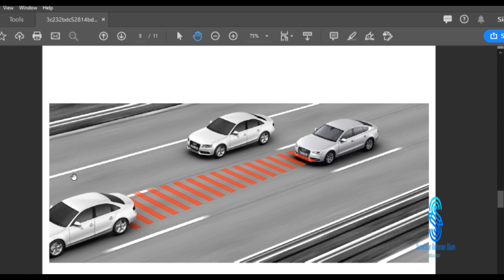After that, we have blind spot detection. It will warn the driver of a vehicle in their blind spot. After that, we have collision avoidance systems. Collision means the occurrence of an accident. It will use sensors and cameras to detect potential collisions.